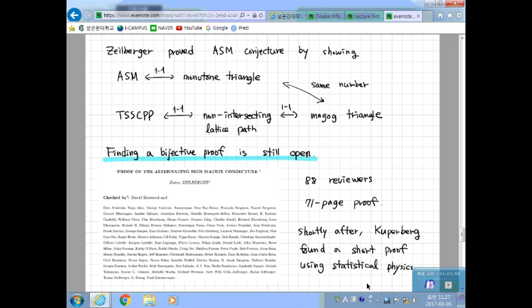Maybe at the end of the semester, if this lecture is successful, we will be able to see his proof. He uses many interesting things. So this is basically the history of how the ASM conjecture was proved.